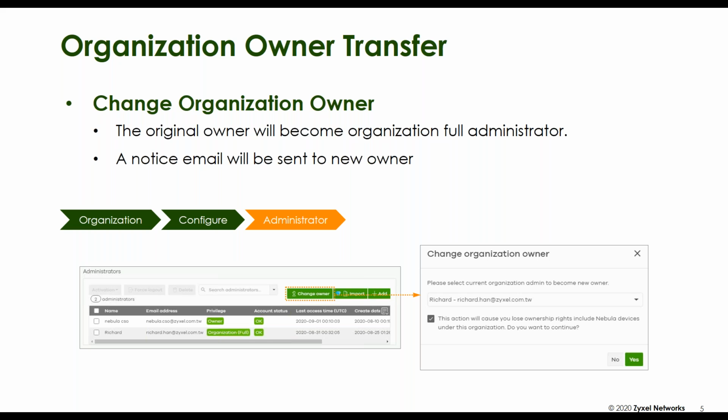The original owner won't be removed or anything like that. They will just be set as a full administrator. And a notice email will be sent to the new owner when it's been done. This can be accessed through organization, configure, and administrator.